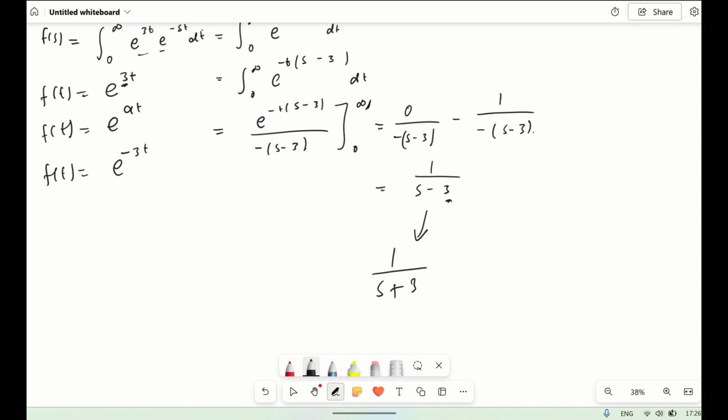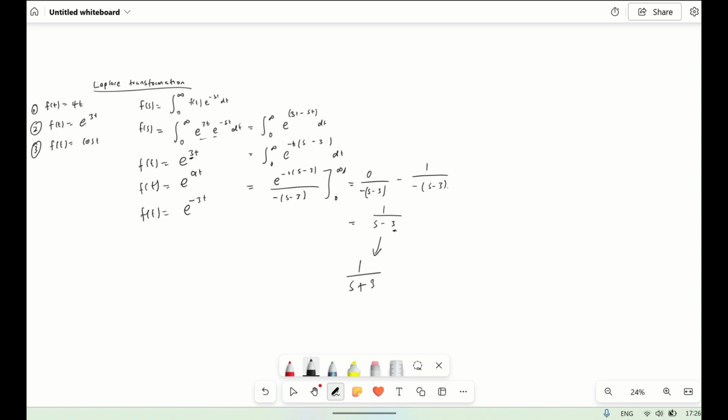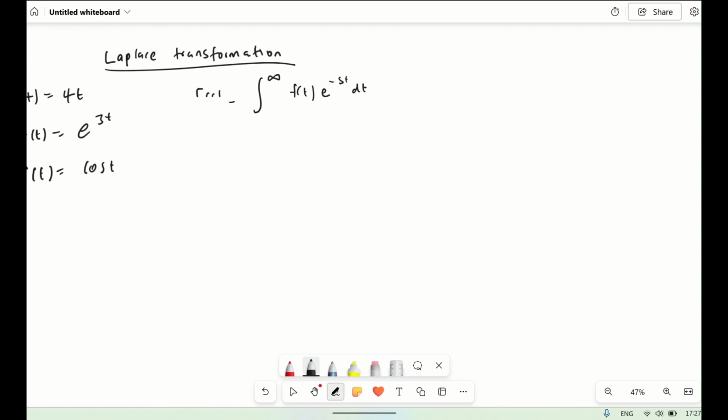So I hope I do make sense. That's this far. I hope I do make sense, because these things are not difficult, really. So let's do the last one.